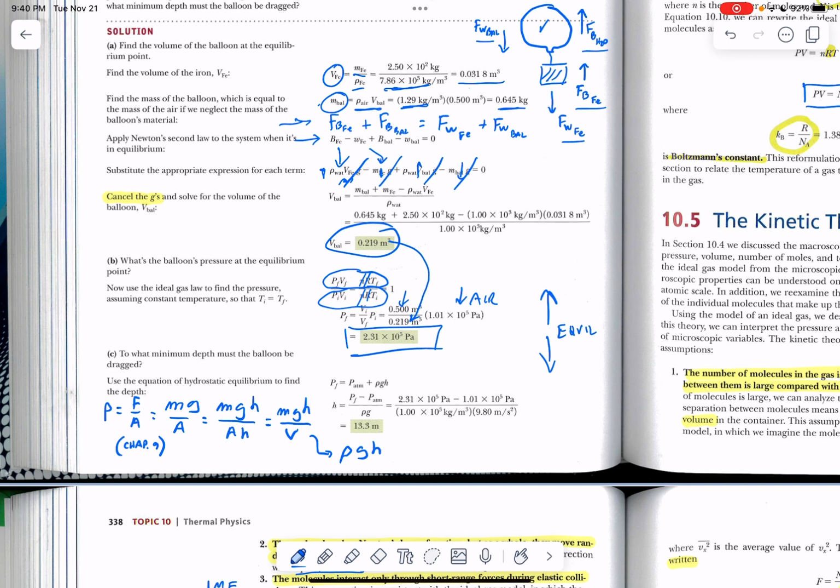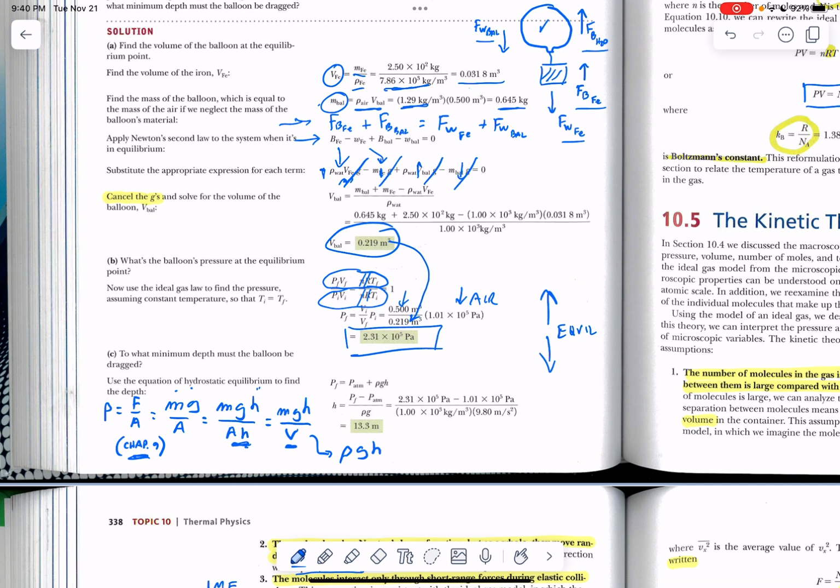What's the minimum depth? And I remind you of something from chapter 9 over here. Pressure equals force divided by area, and force is mass times gravity over area. And now if I multiply the top and the bottom by the depth, or the height, if you will, beneath the surface, I now have area times height down here, which is also volume.